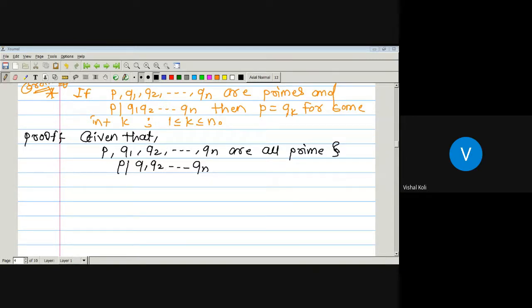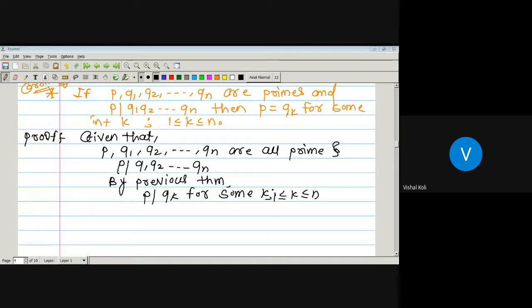Then, by the previous theorem, whenever p divides a1 a2 up to an, for any integers a1 a2 up to an, then p must divide some ak for k between 1 and n. So p divides q1 q2 up to qn. It means that p divides qk for some k between 1 and n.